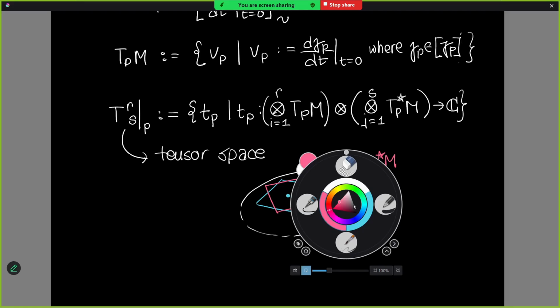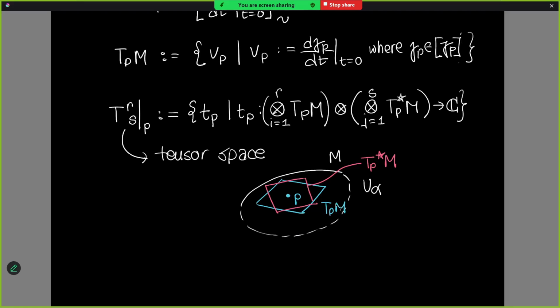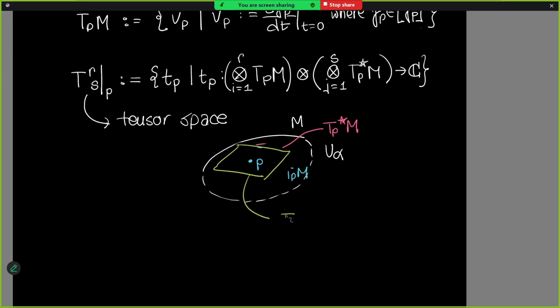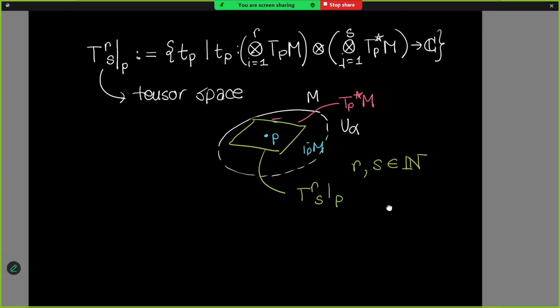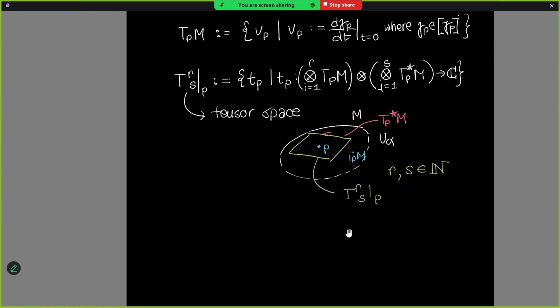And if we do that, we get these higher spaces, T^r_s at p. R and s can be any element of the natural numbers. That's the idea. So this isn't just one space.